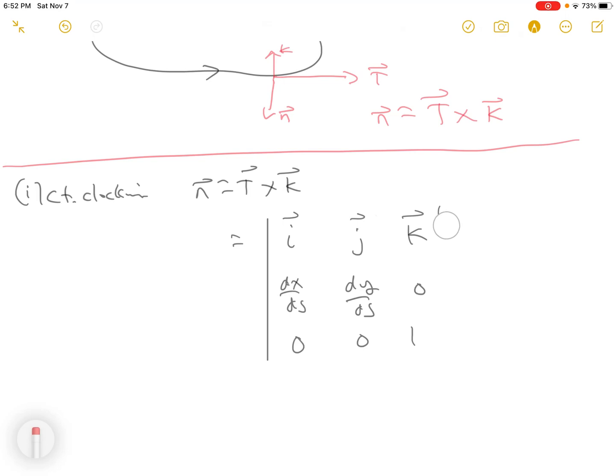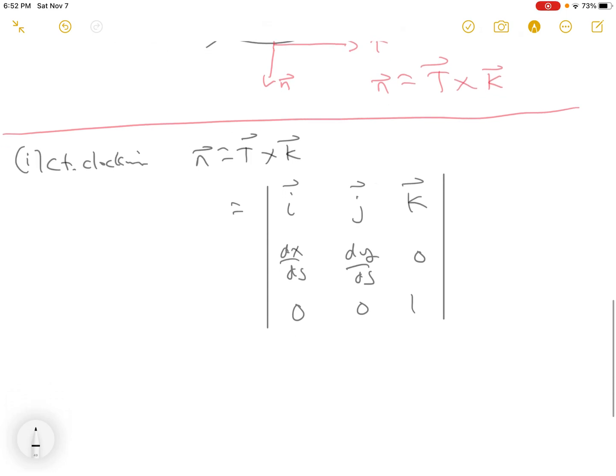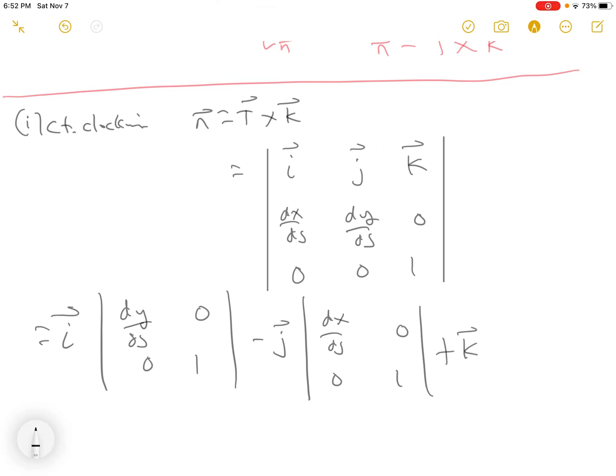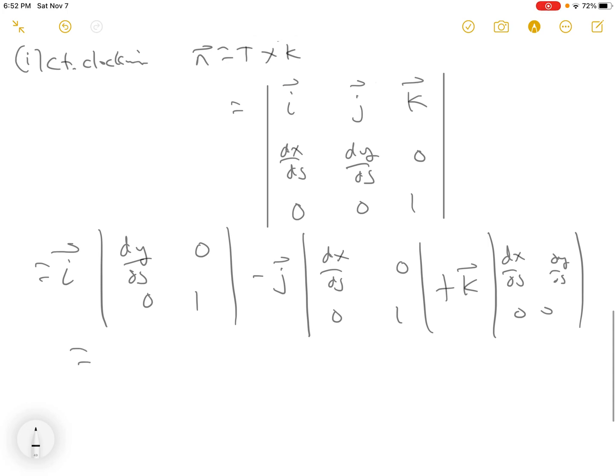Okay, so this becomes i times the determinant of dy ds, 0, 0, 1, minus j times the determinant of dx ds, 0, 0, 1, plus k times zero, which becomes dy ds i minus dx ds j. Okay, so this is n in this setup.